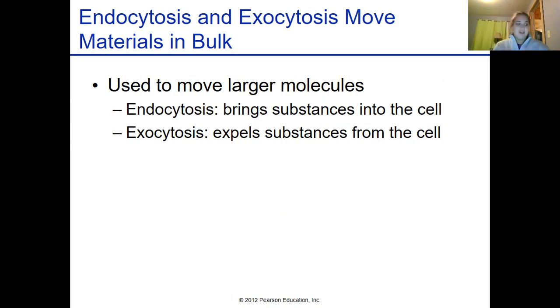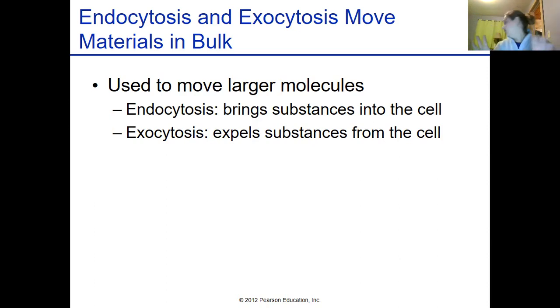Okay, endocytosis and exocytosis, that's going to move materials in bulk. I gave the example of my Play-Doh example in third hour. If you were in second hour, I drew it on the board for you. Endocytosis is going to bring things into the cell, and that's why the prefix is endo. So it's moving into the cell. It's going to butt up against that cell, the cell's going to recognize it, and it's going to slowly pinch it off right into the cell.